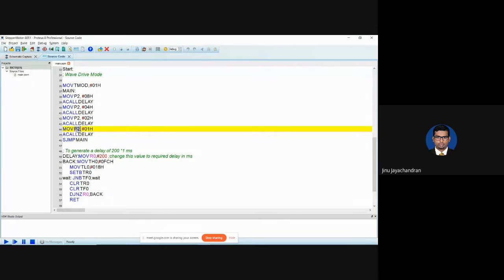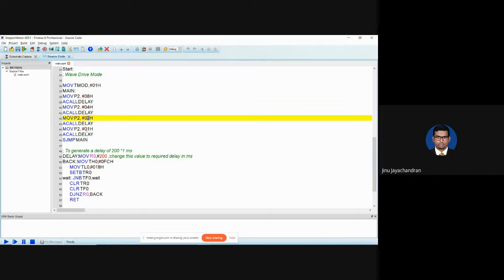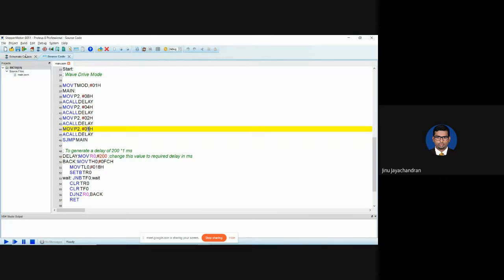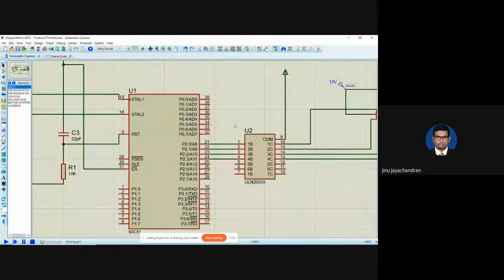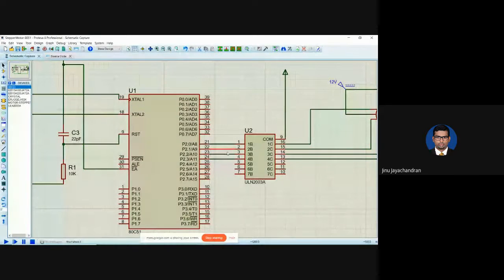P2 is an 8-bit port, but you are only accessing the LSB 4 bits of this port. So in your schematic you connect only the LSB 4 bits, which are 0th, first, second, and third. These are the 4 pins which will control your stepper motor.